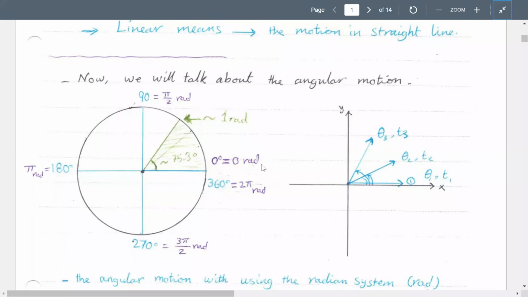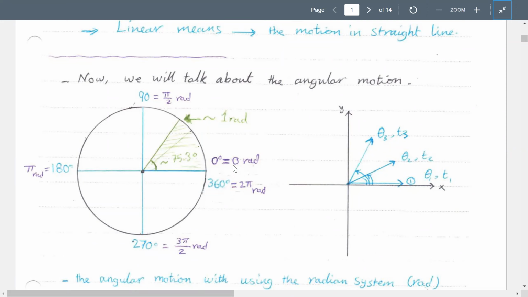Now the angles on the XY plane, look here at this circle. For example, if we look at the positive x-axis at 0 angle, it is 0 degree at the x-axis.